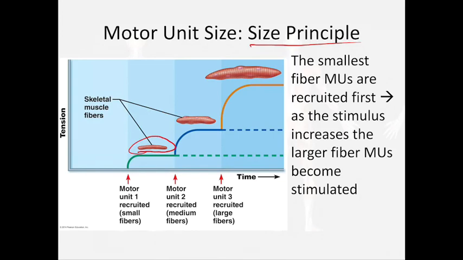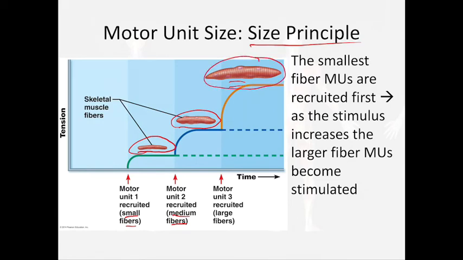So motor unit 1 recruited has very small muscle fibers. The next one up, once we get a little bit stronger stimulus, we're going to contract some more motor units. Those ones are a little bit bigger, so medium fibers. And then we get all the way up to the largest muscle fibers. When we have that real strong stimulus, we're going to use those large muscle fibers. And that's the way this always works.